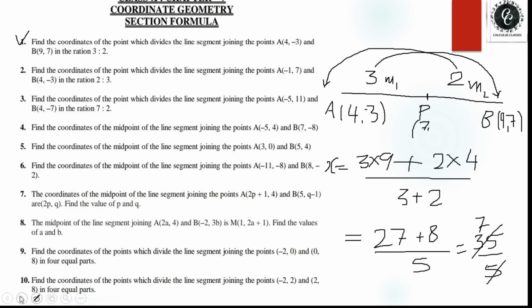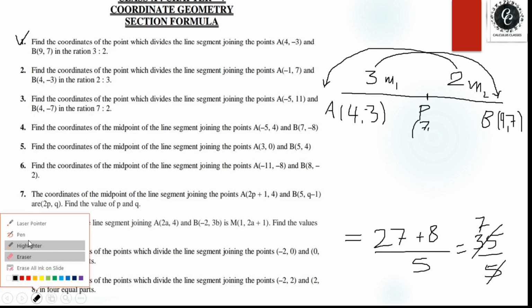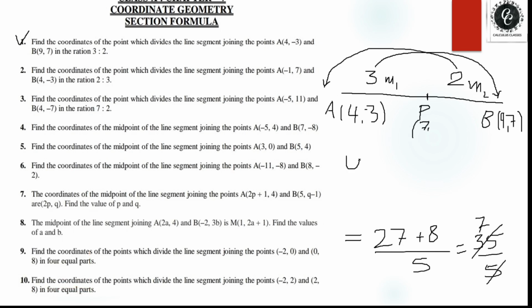Now I'll apply the formula for the y coordinate. So I hope you understood this much. Then the y coordinate will be in the same form, we'll apply it in a similar manner. So y equals m1 y2, so m1 again 3 multiplied by 7, plus 2 multiplied by minus 3, over 3 plus 2. I hope you are understanding.